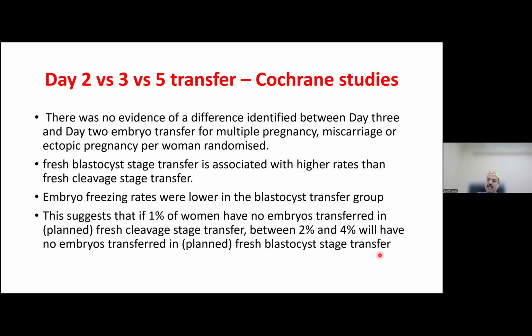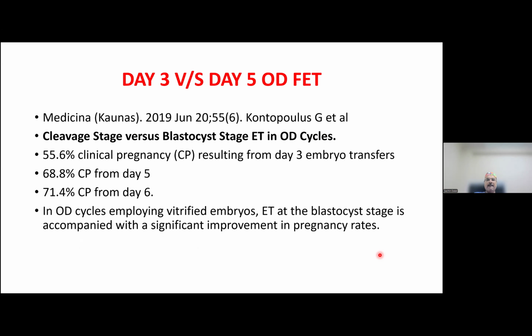What this means to say is if you didn't have a day 3 embryo, obviously you will not have a day 5 embryo. So only if you have had more than 10 or 12 oocytes retrieved and more than 4 embryos formed, take it to day 5. If you have only 2 or 3 embryos formed, we do a fresh embryo transfer at cleavage stage, and it has given us pregnancy time and again.